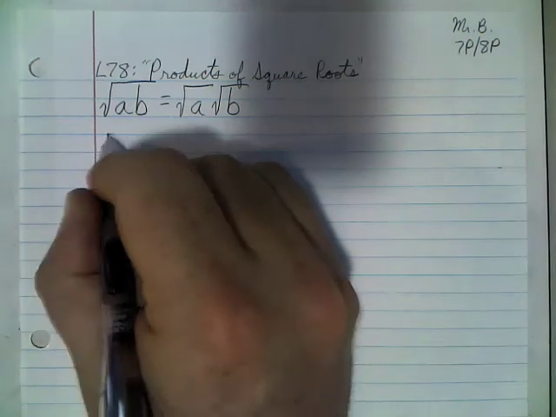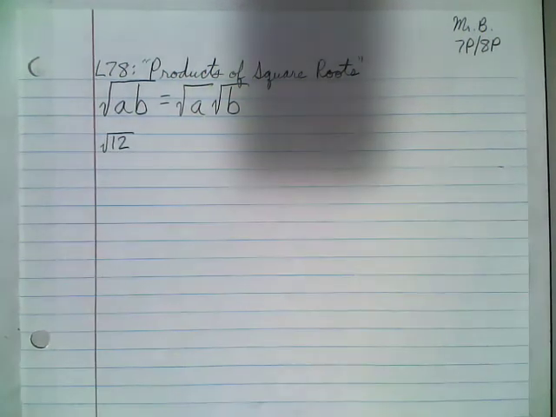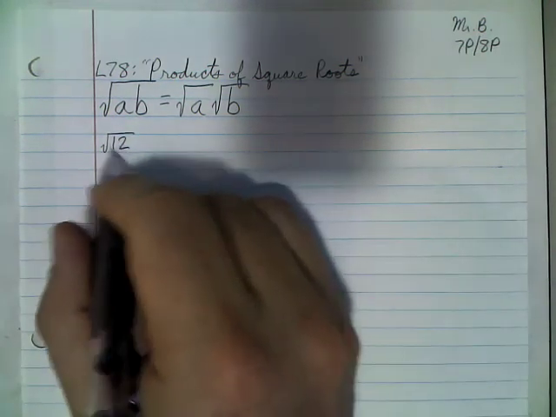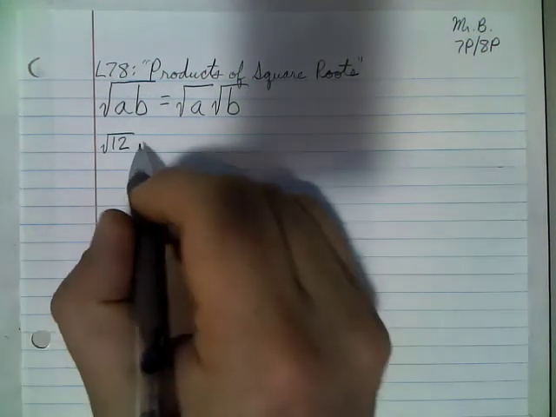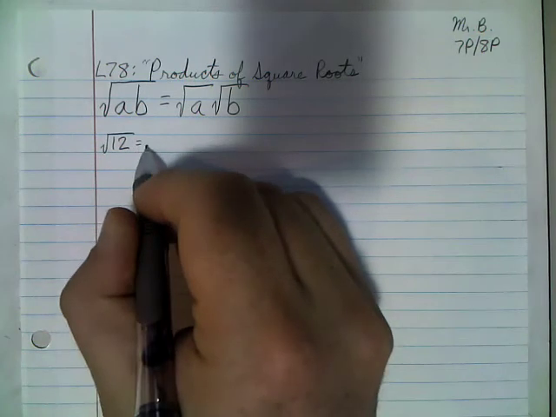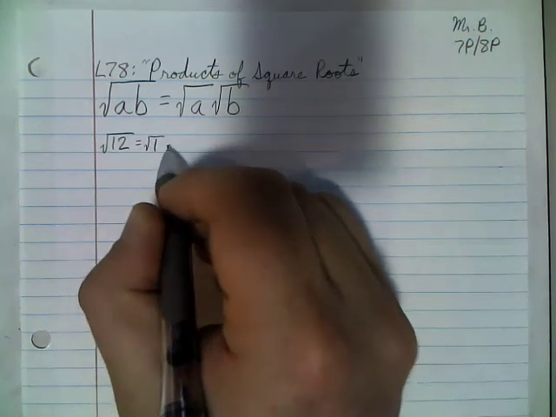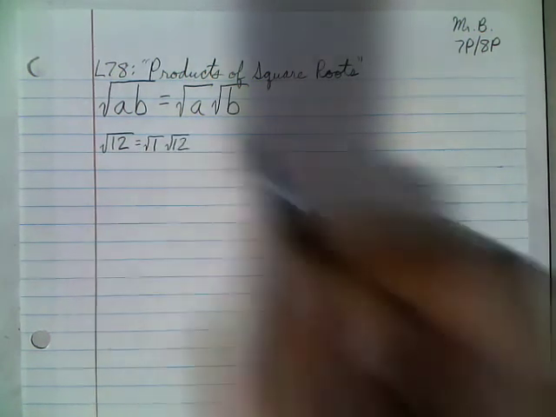Which means that anytime we have the square root of something, so for example square root of 12, we can reimagine this. Imagine 12 as two numbers being multiplied together. So 1 times 12 might be the easiest. So then I can split this up to the square root of 1 times the square root of 12.